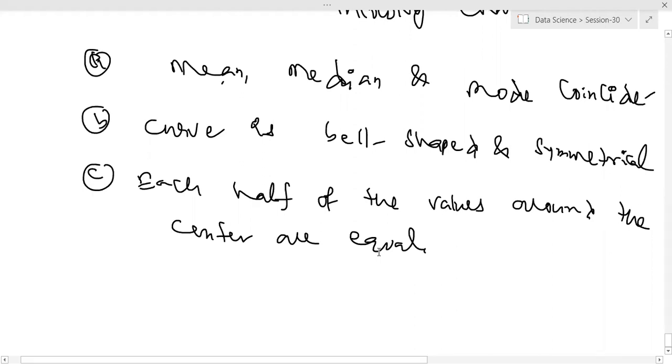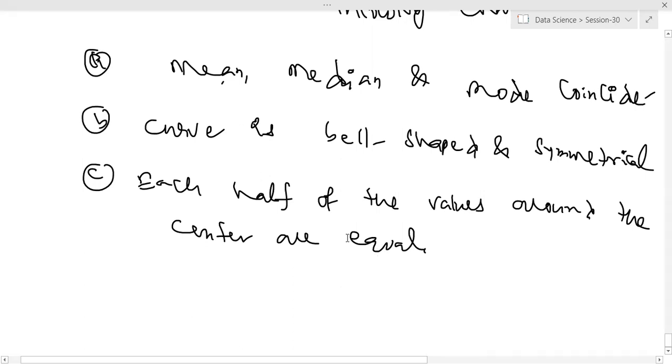Because of the properties, maybe the first time you may feel, how can I get mean, median, and mode coinciding, and of course a bell-shaped curve that is symmetrical. And the third important property is each half of the values around the center are equal.